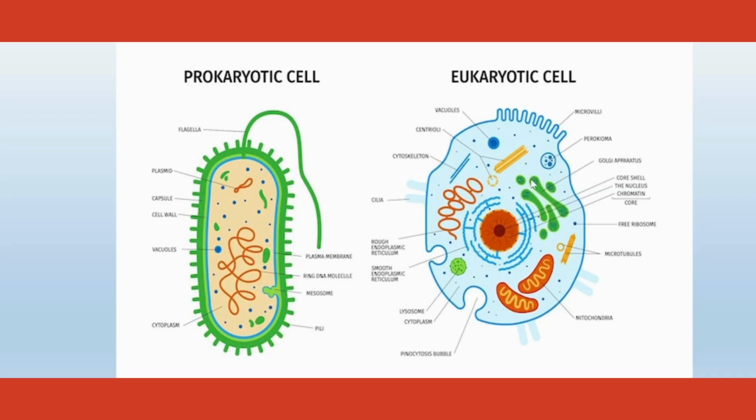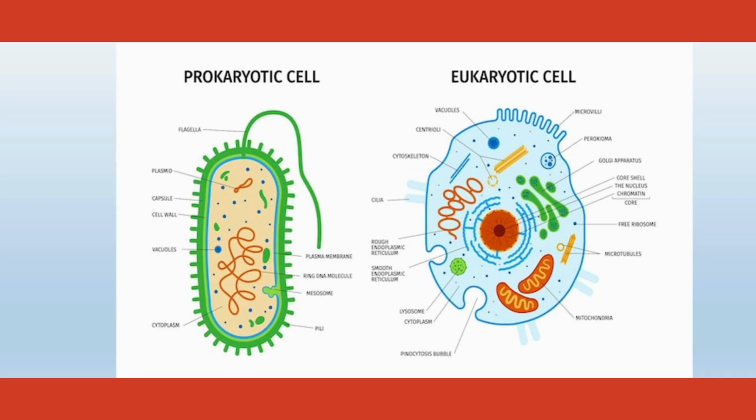For example, which all can we take? We can take ribosomes, we can take mitochondria, we can take lysosomes, we can take endoplasmic reticulum. All these are the organelles, correct? Now, in a eukaryotic cell, almost everything that we discussed is present, but in a prokaryotic cell, you will only see ribosomes, right?